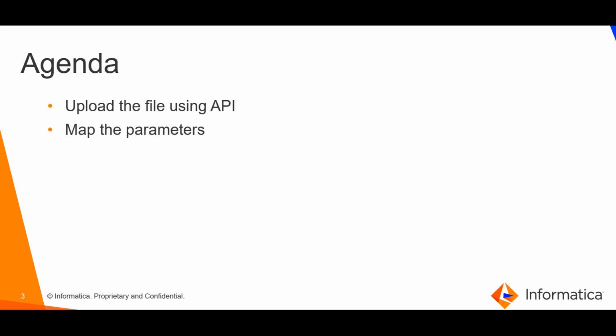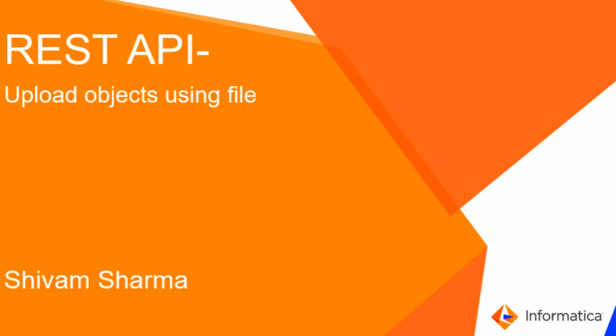This is similar to the bulk upload process where we first upload the file and then map the parameters of the bulk upload template to the ones that are expected by Axon. Note that we will be creating two REST API requests in this process. Let us proceed further and take a look at the URL and method we'll be using for the request.